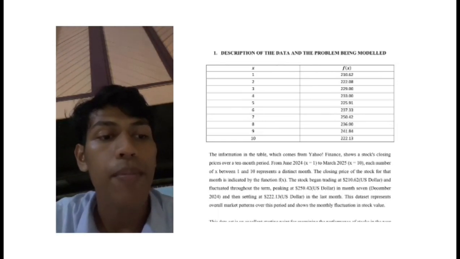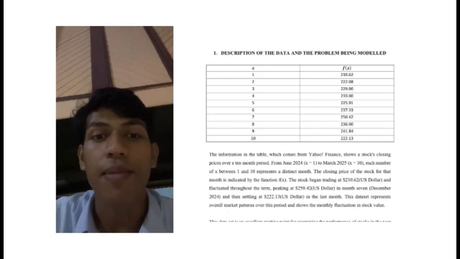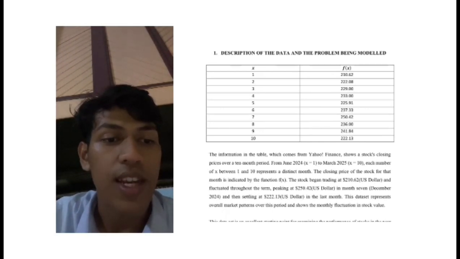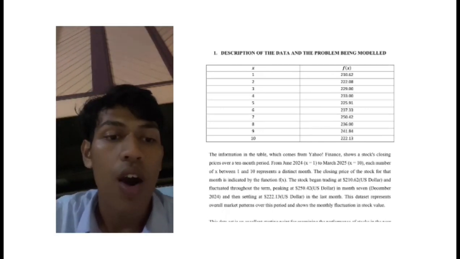Each number of x between 1 and 10 represents a distinct month. The closing price of the stock for that month is indicated by the function f(x).